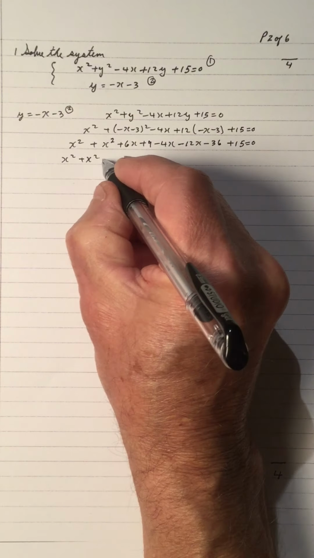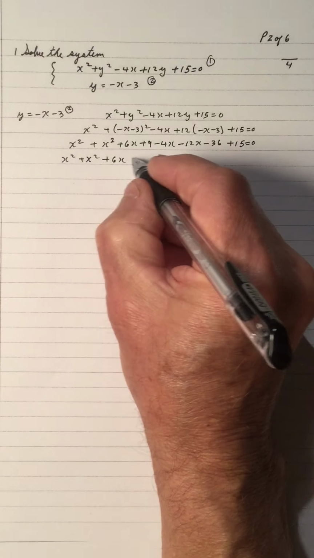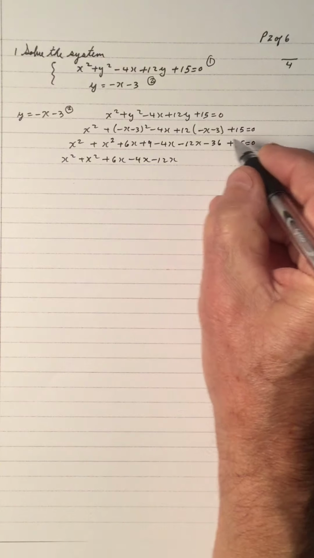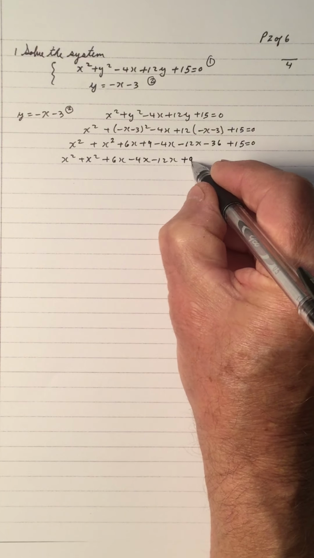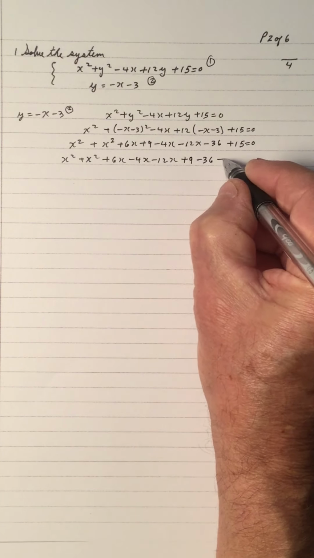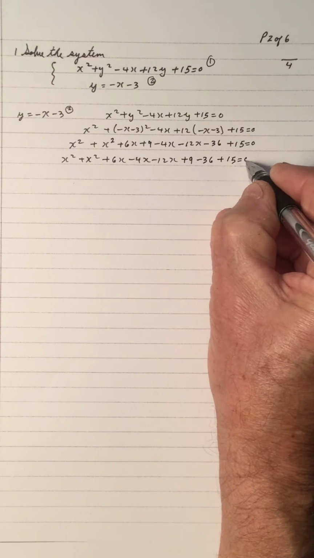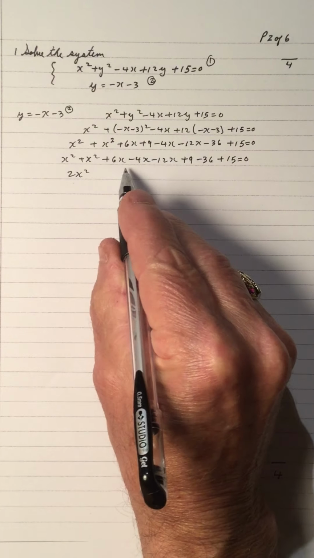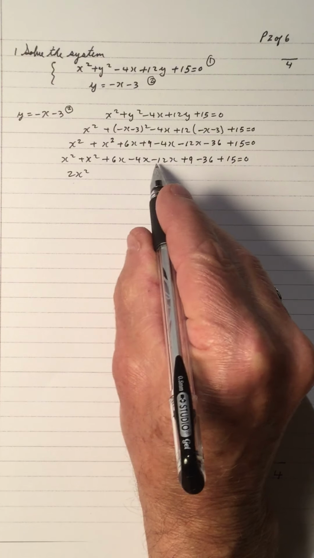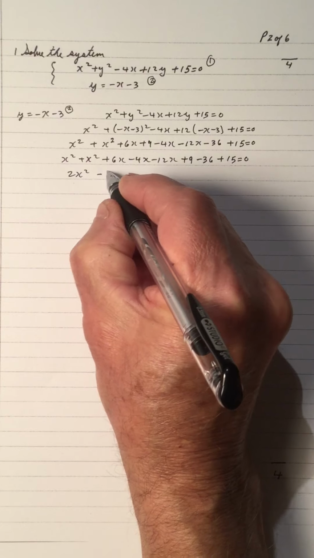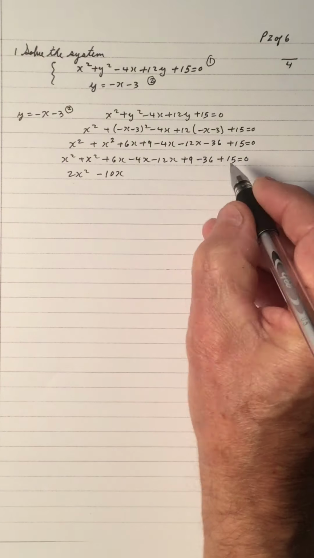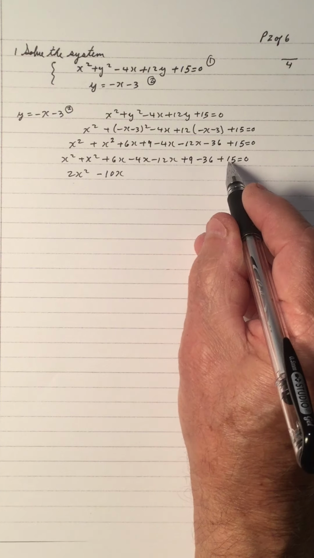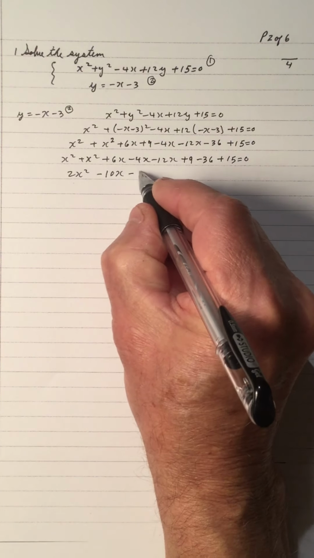And we'll line all the terms up. X squared goes first. Then the x's. And the constant is 9 minus 36 plus 15, and that gives us 2x squared, and add up the x's: negative 16, and 6 is negative 10, and 9, negative 36, and 15 gives us a negative 12.